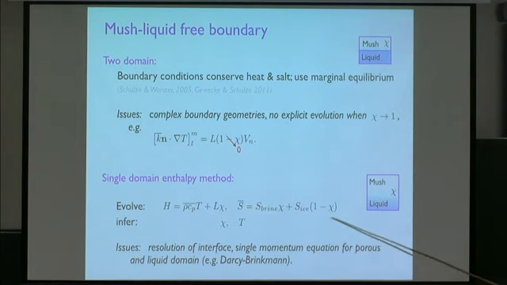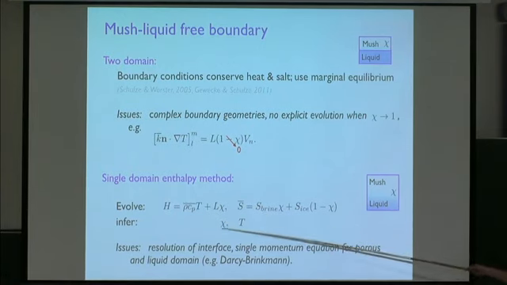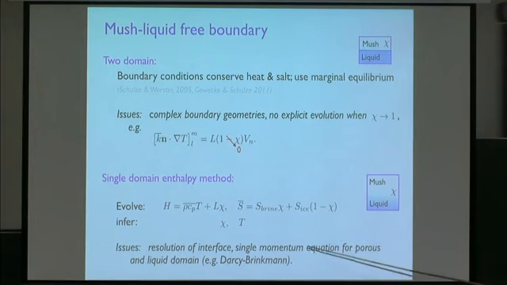And then you evolve the bulk phase-weighted salinity, and then given these two constraints and the phase diagram, you use that to infer what the liquid fraction and temperature should be. So this helps with some of the details, such as the complex boundary geometries, because the boundary actually emerges in this particular setting. It has some of its own issues, so you need sufficient resolution to accurately capture the boundary.